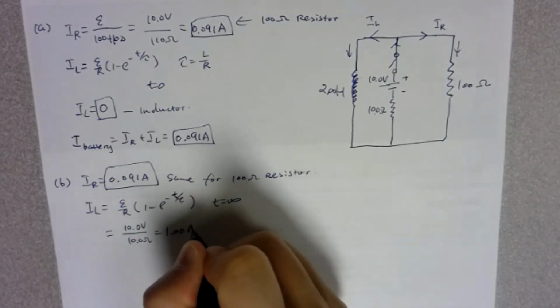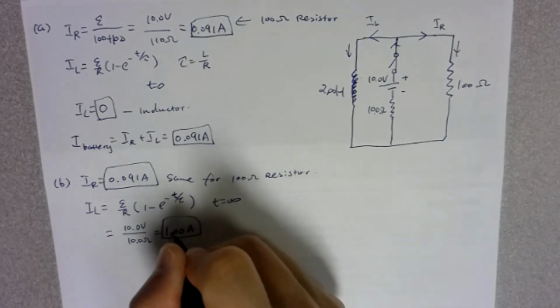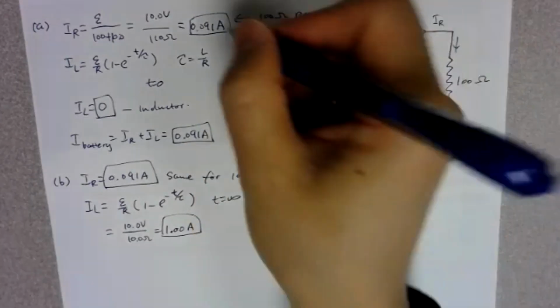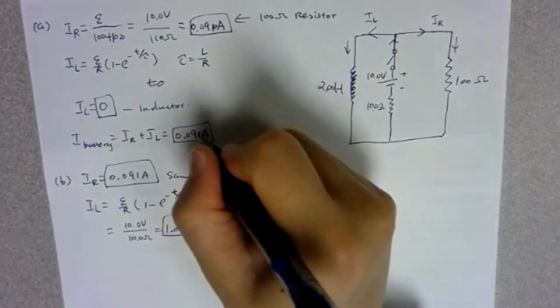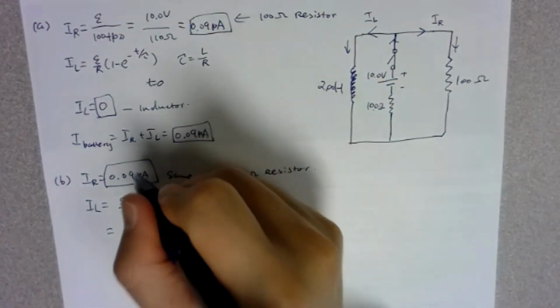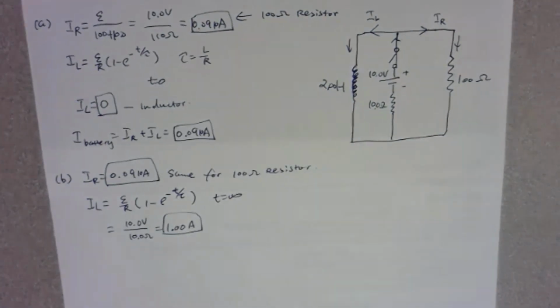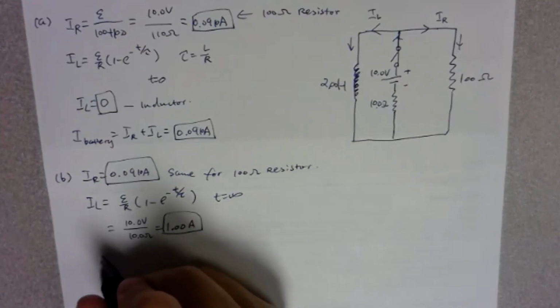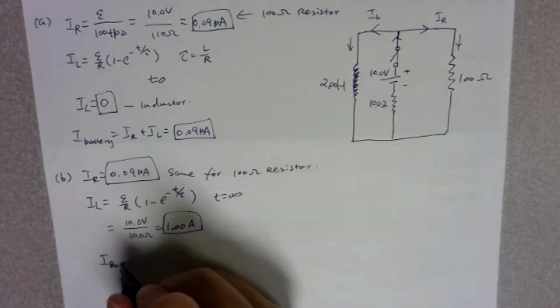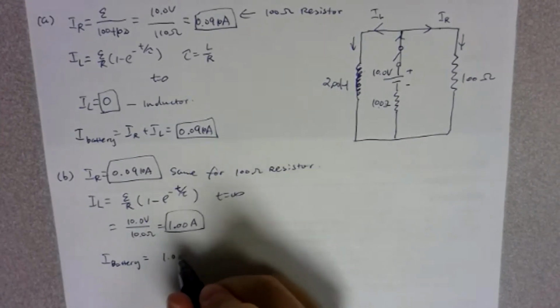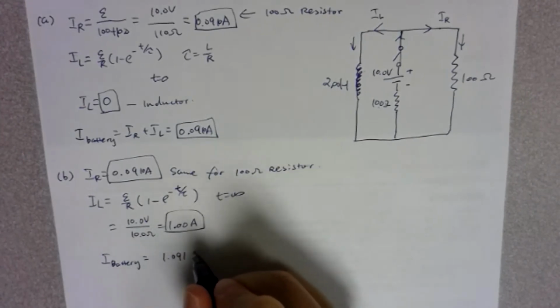So 1.00 amps. I think everything should be three sig figs. So it should be still 0.091. Then on the battery these two add up, so 1.091 amps.